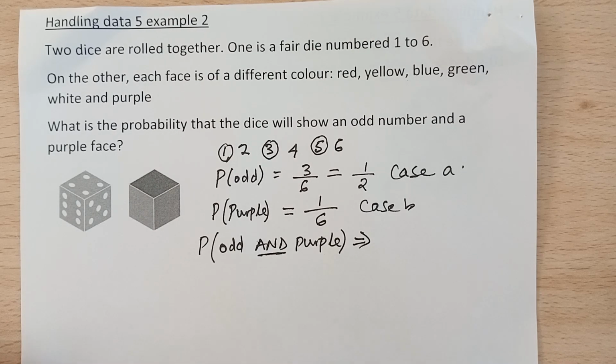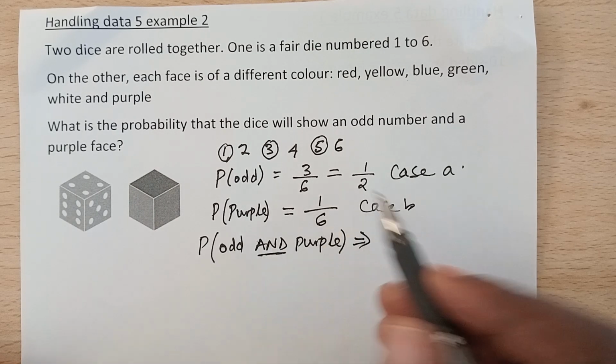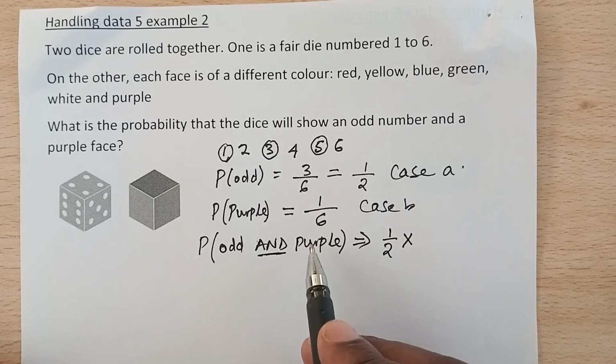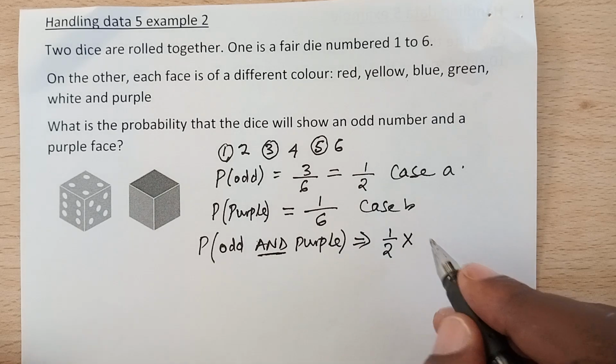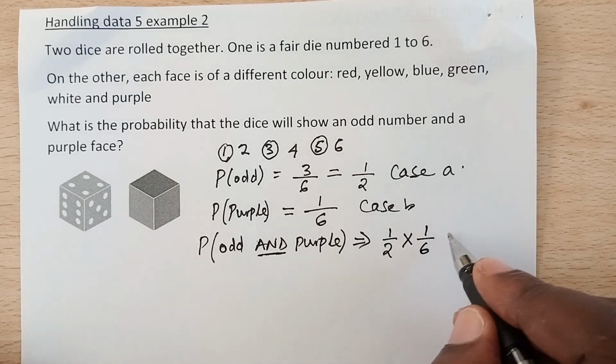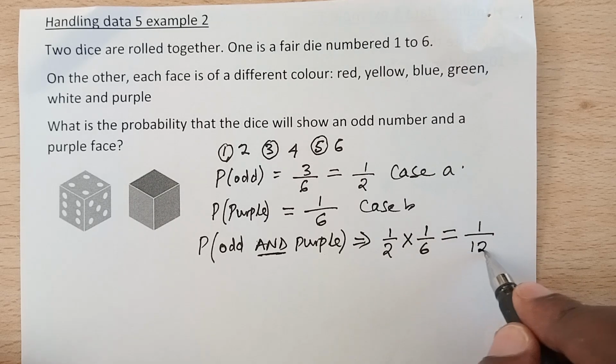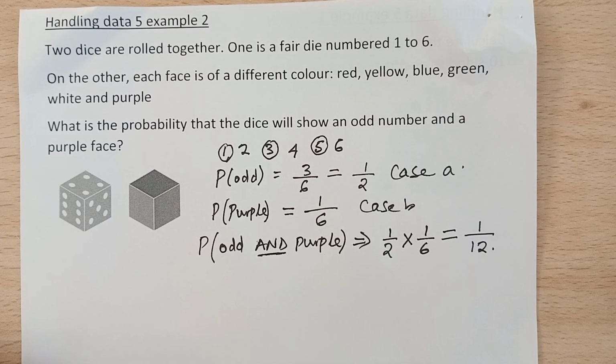So we have the probability of having an odd number, which is a half, multiplied by the probability of showing a purple color, which is 1 out of 6. And the probability is now 1 out of 12. So the probability that the dice will show an odd number and a purple color is 1 out of 12.